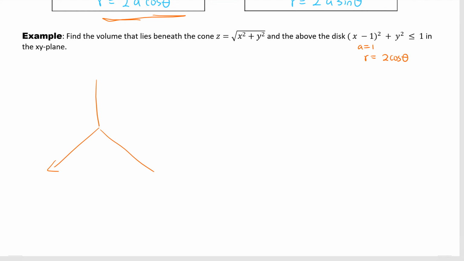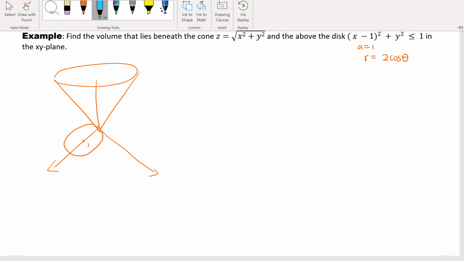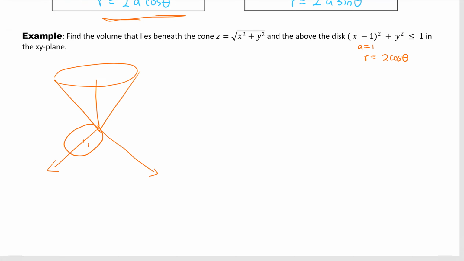This is in space, and this is a circle like here. This is 1. And we have a cone on top of it. If we project this cone down, you will see this region.